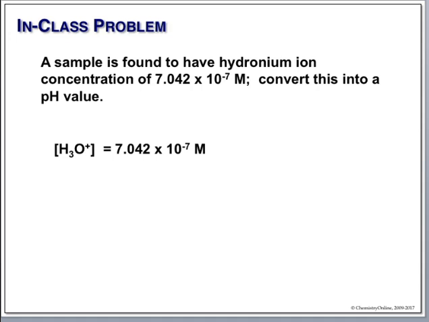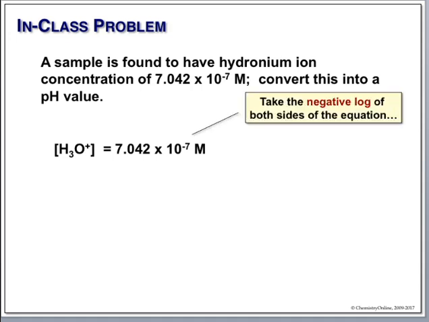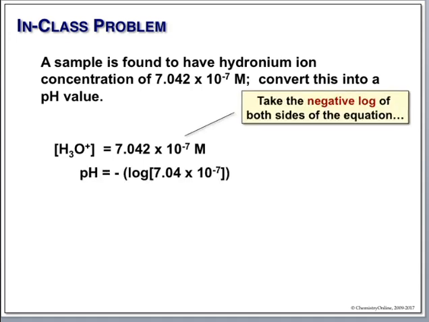We remember that the negative log of hydronium is pH. So we simply take the negative log of both sides. We get pH on this side, negative log of our hydronium on this side.